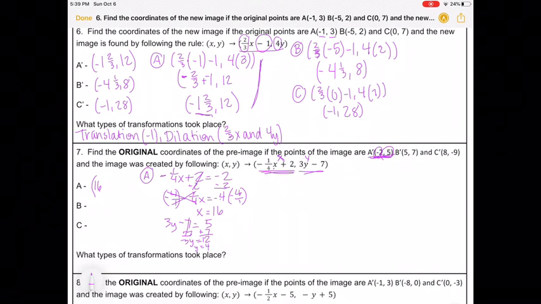I squeezed that in because I was running out of room. So you get 16 comma 4. All right, so why don't you guys go ahead and pause, try to do B or C, one or the other, or both if you have time.